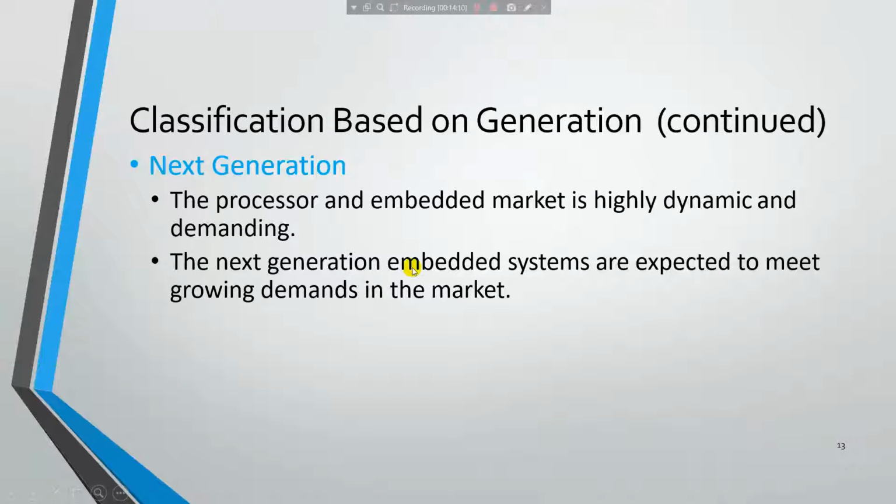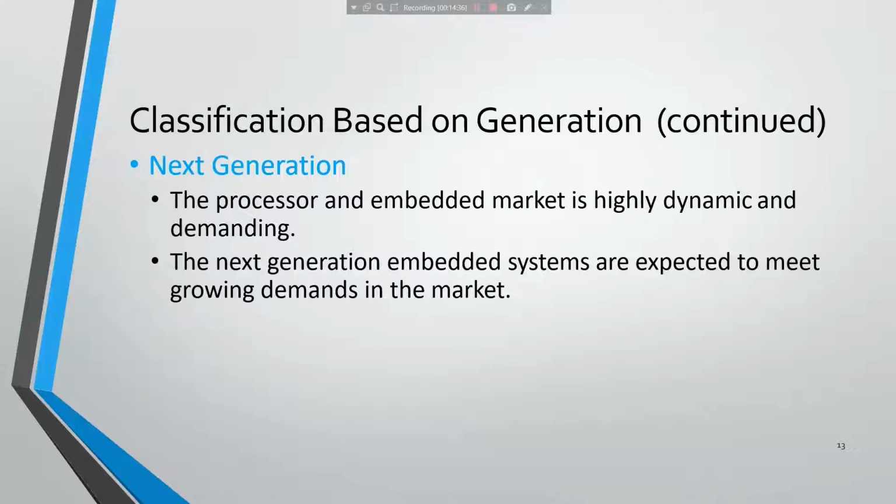Last is the next generation. The processor and embedded market is highly dynamic and demanding. If you observe here, when there is demand, a new type of processor has to come into the picture, which means it has to go through a lot of research and development, which takes a lot of time, but the demand is high.